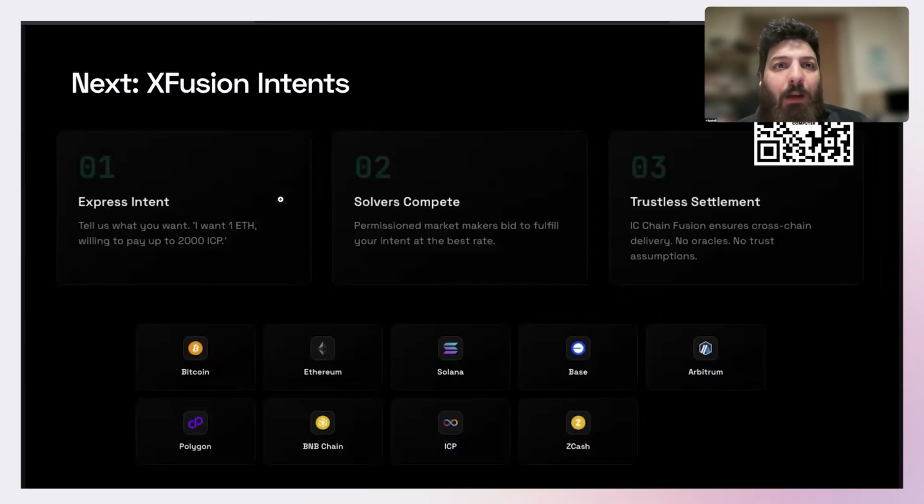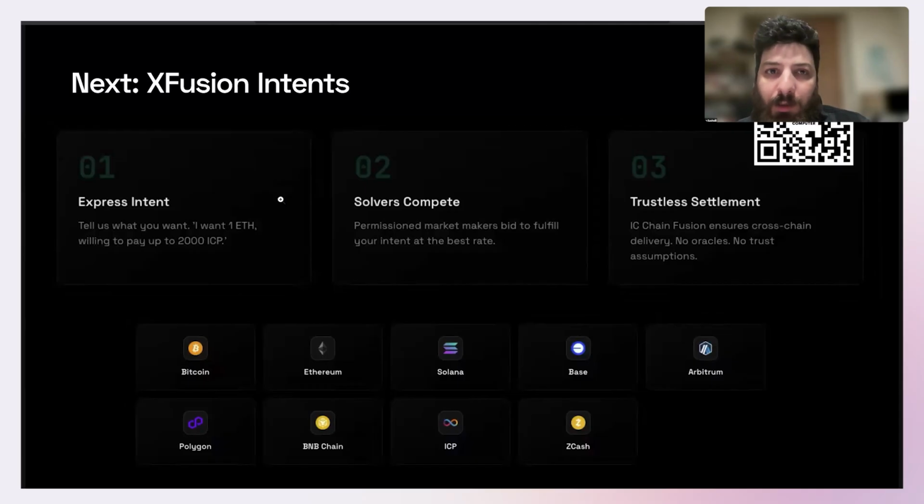So our next plans, and we have already started some minor silent campaign, is to launch xFusion Intents, where we would do exactly what NEAR Intents does, but we would use chain key cryptography to achieve many parts of this system.